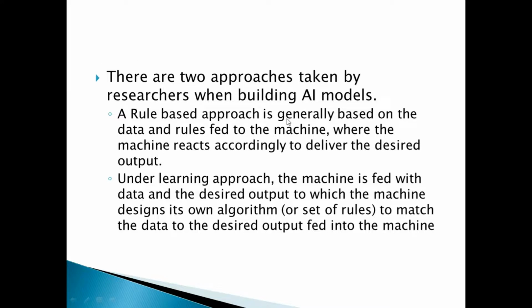So, in a rule based approach, there are rules fed to the machine and the machine reacts accordingly. But under the learning based approach, the machine is only fed with the data and the desired output, to which the machine designs its own algorithm to match the data to the desired output fed into the machine.